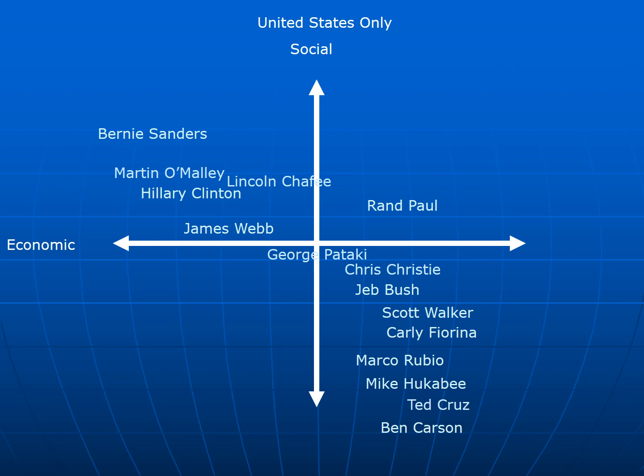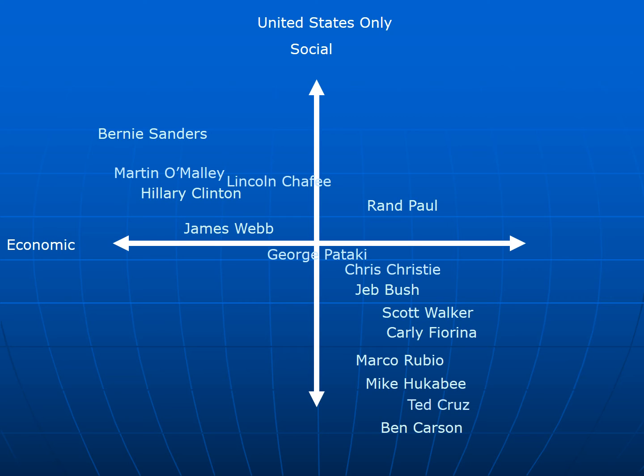But now let's go to this particular graph. And I did this as a rough estimator of the various presidential candidates. And you notice I didn't put Donald Trump on here because Donald Trump really doesn't fit, in large part because Donald Trump doesn't have many positions. And frankly, I don't want to pay any attention to him.